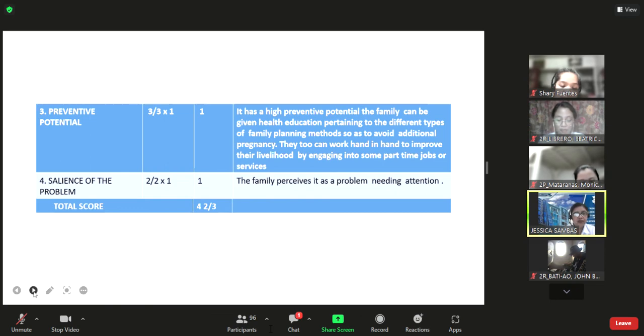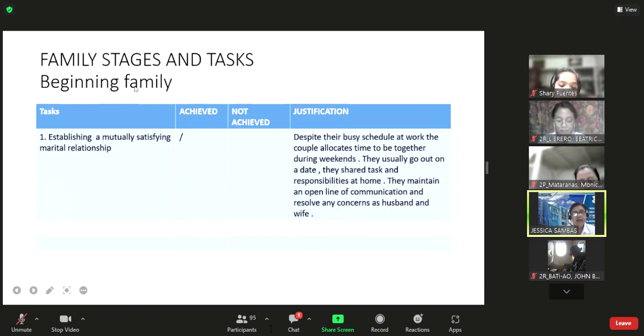let's proceed. Now, earlier, regarding the family developmental task, this is what you are going to do, class. This is for our family stages, or family developmental tasks and stages, that of Duvall. Let's say, for example, beginning family.